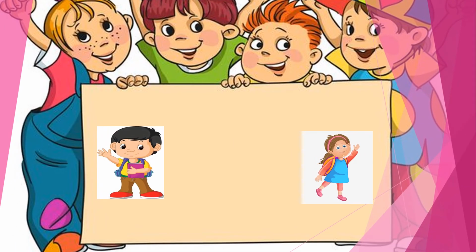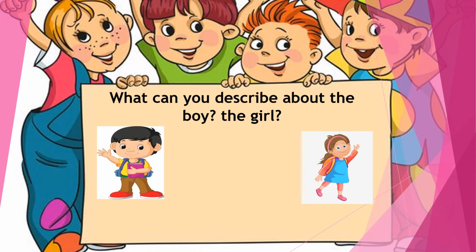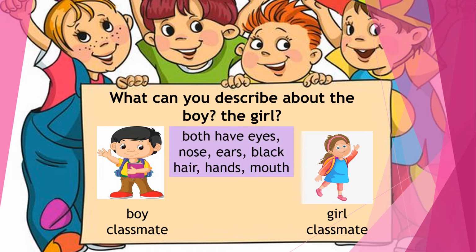Here, your boy classmates and your girl classmates. What can you describe about the boy and the girl? This is the boy and this is the girl. Now, the boy classmates and the girl classmates, how do they compare to each other? Okay, here, the boy and the girl have both eyes. Both of them have eyes.